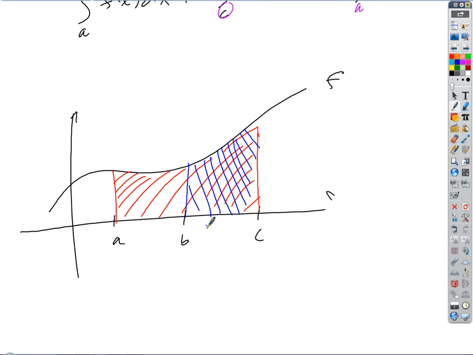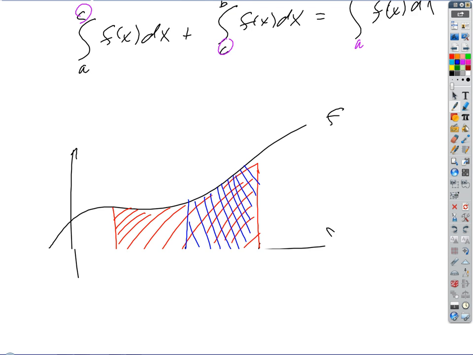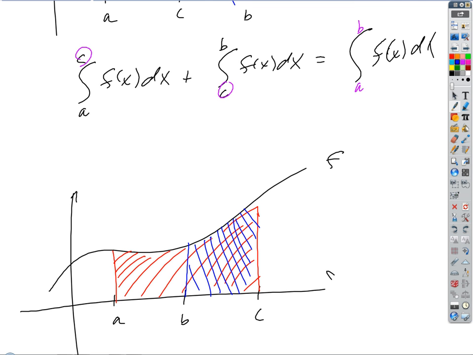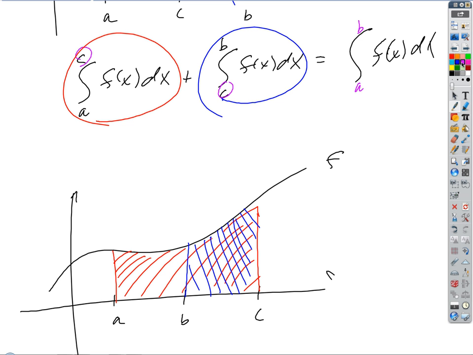So then, does it make sense still that that has to be true? We got the red area plus the blue area. Is that equal to this purple area right here?